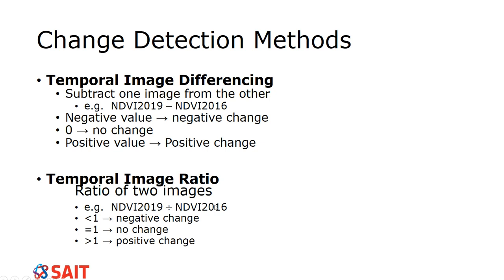If it is equal to 1, they're the same and there's been no change. If it is greater than 1, I have an increase in my NDVI value. Using these three values, I get a number, so I need to use examples of pixels.